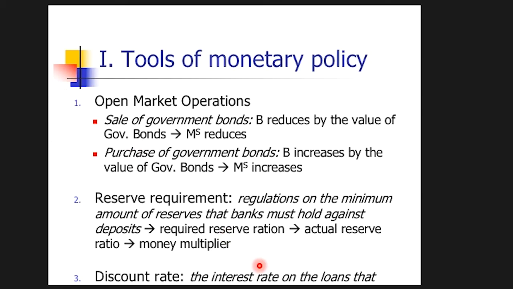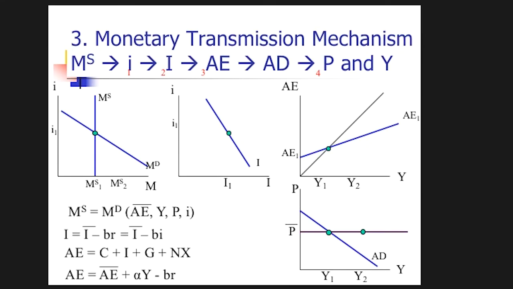So now, when we look at the transmission like this, with the 4 diagrams, we will see the effect of monetary policy on GDP in the last diagram. The first diagram shows the money market with money supply and money demand.